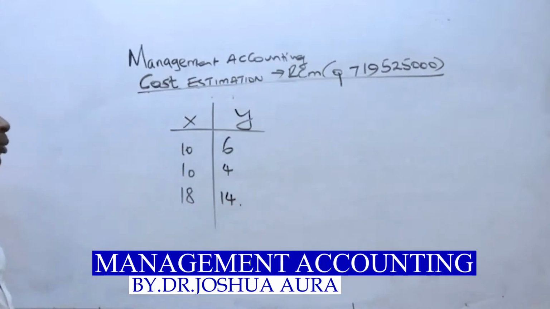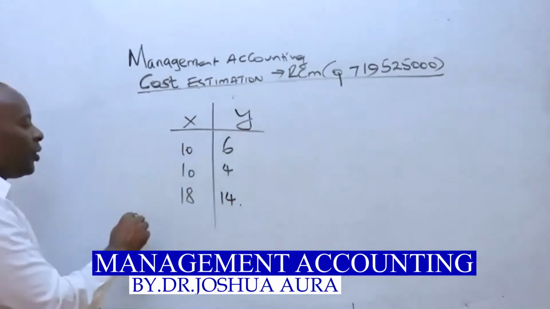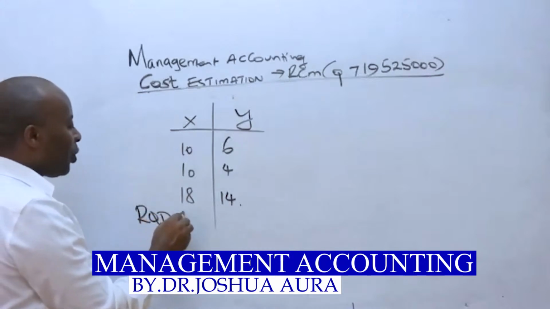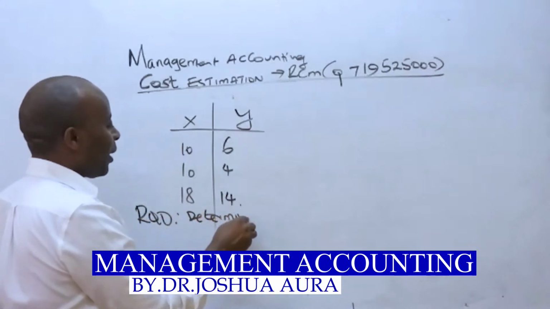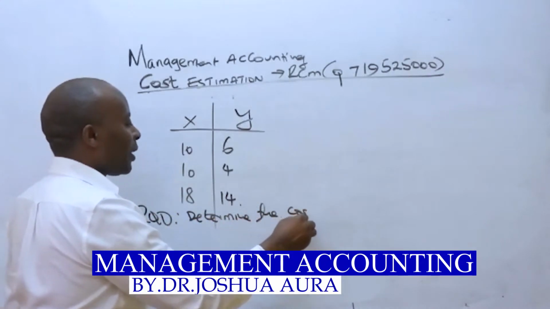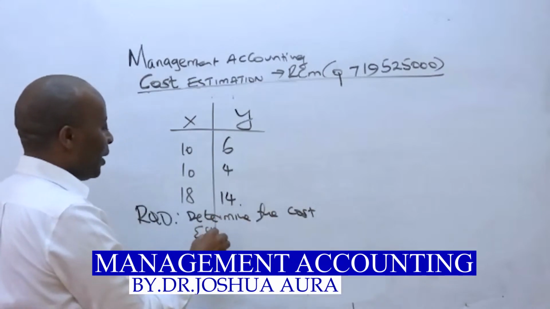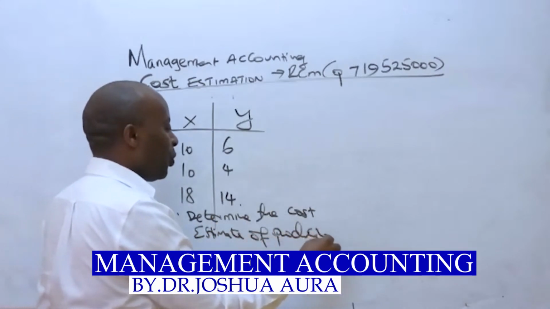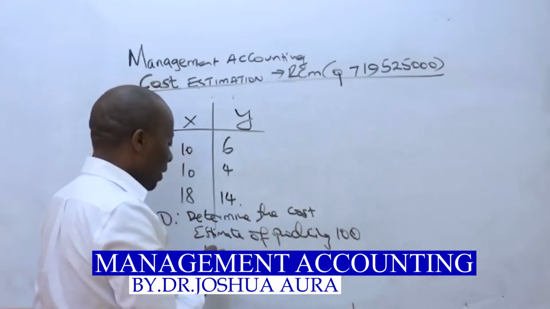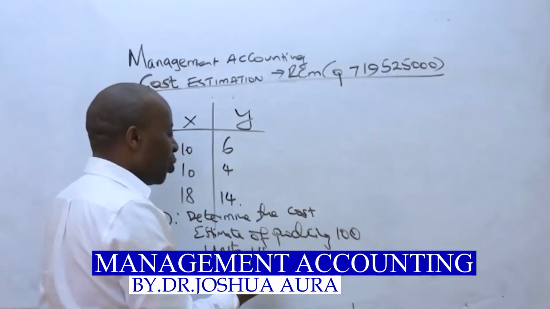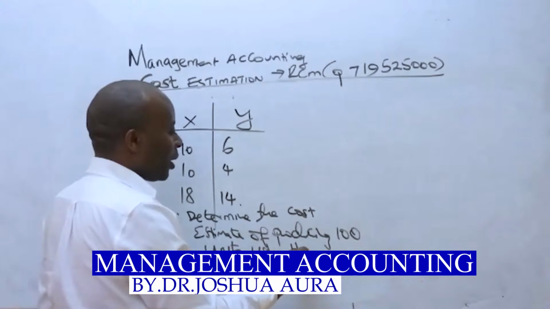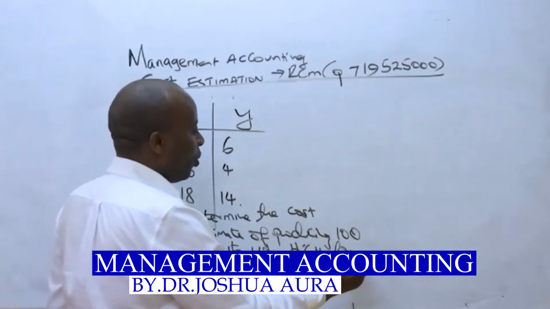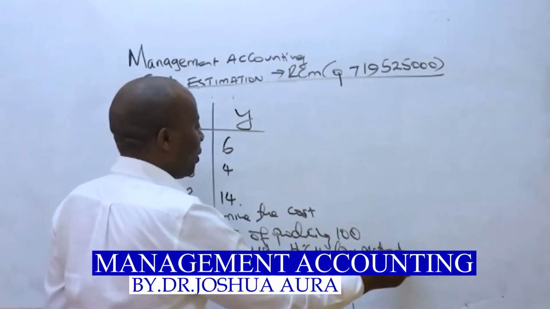And then somebody tells you you are required here to determine the cost estimate of producing 100 units using the high-low method.